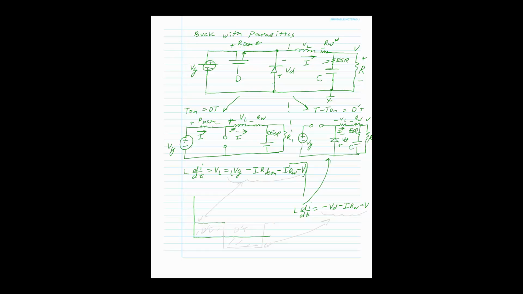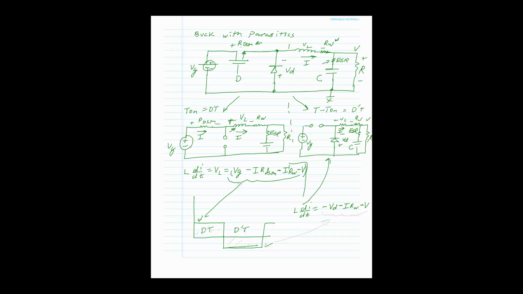This is going to be the time on here, and that's DT. And this is going to be then D prime T, which is the time off. So it's going to repeat. So that voltage here is nothing more than this voltage here.